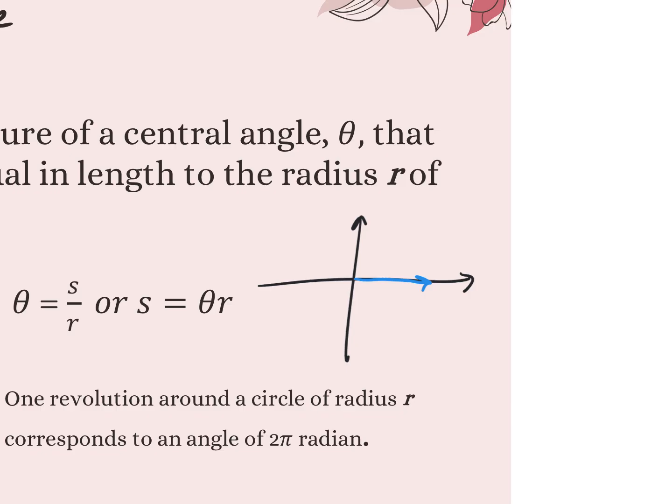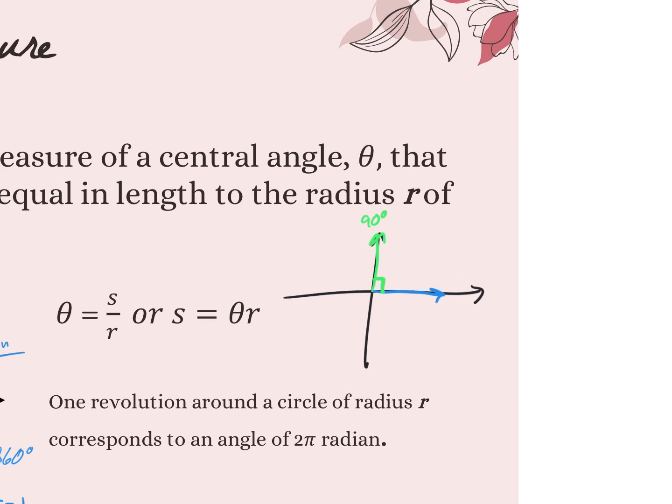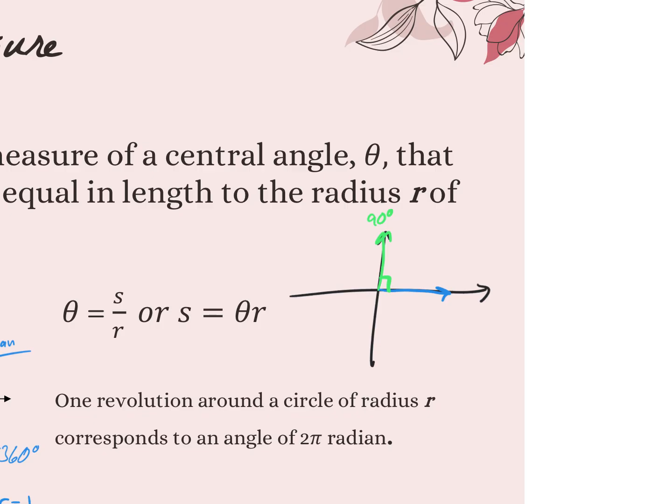So if I go a quarter of the circle, we said that this was 90 degrees. But 90 degrees in radians? Well, if I go all the way around half, this is going to be 180 degrees or pi radians. Now 90 degrees is just half of 180, so half of pi is pi over 2.